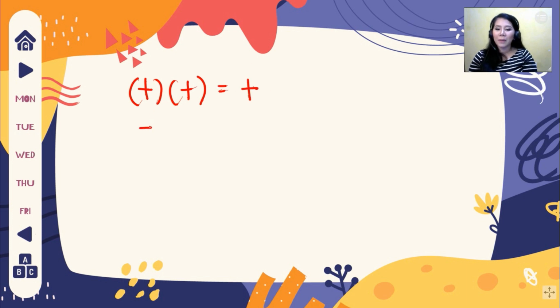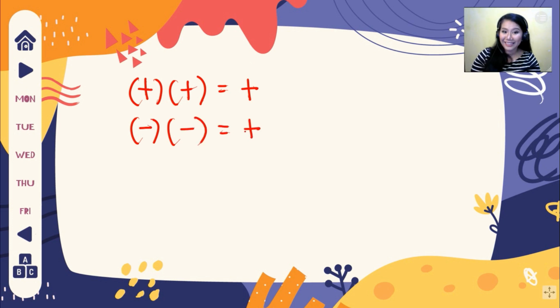Whenever we are multiplying negative times negative, the answer is always positive again. Okay? So, yung rule natin here in multiplication of polynomials, or in multiplying the numerical coefficients, iba siya sa rule na sinusunod natin sa pag-add ng polynomials or pag-add ng integers.